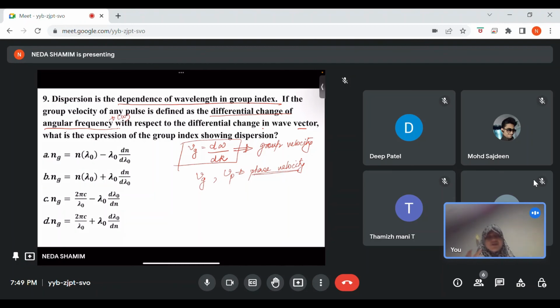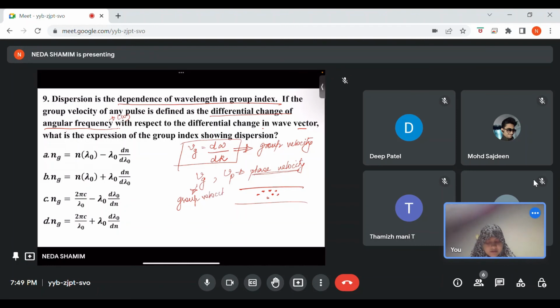Someone is here, someone is here, someone is running here. The average velocity of this whole group is termed the group velocity.